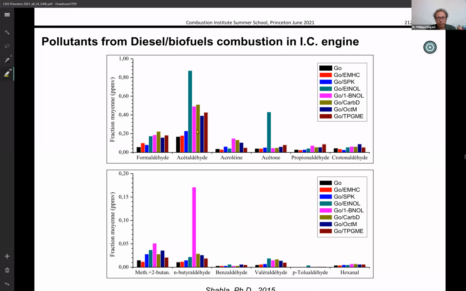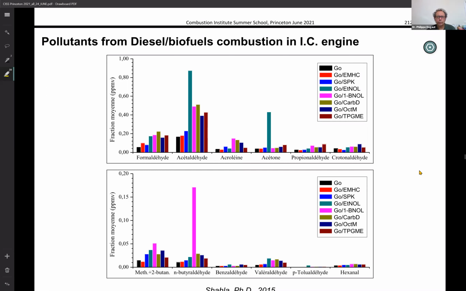After H atom abstraction on the alcohol, you will get acetaldehyde readily. So it will be the same in the case of butanol and butyraldehyde. They are very much connected one to the other.